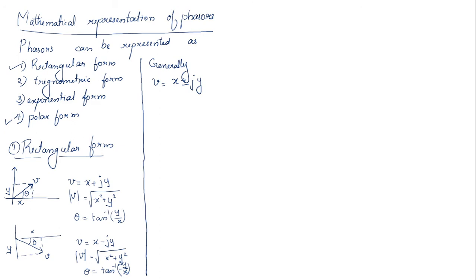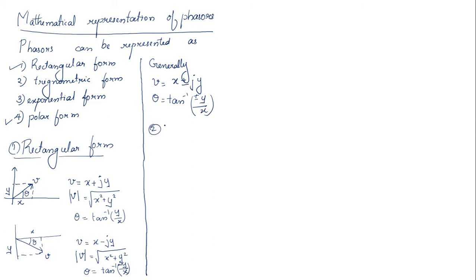That means in lagging conditions we will use minus, and in leading conditions we will use the positive sign. And theta can be written as tan inverse of plus or minus y by x, according to whether the phasor is above the reference axis or below the reference axis.